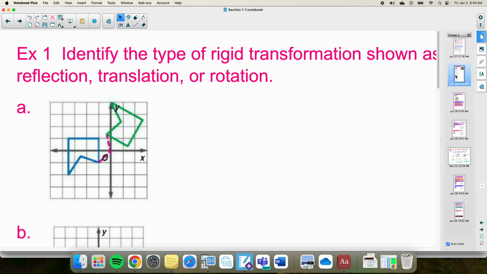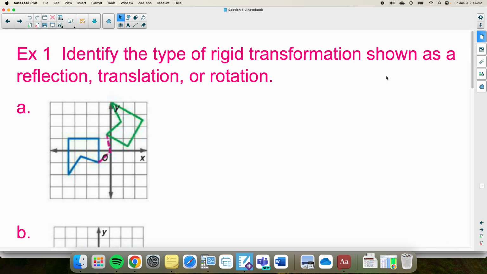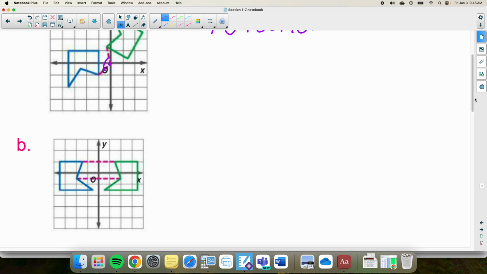So this part is just asking us, are these reflections, translations, or rotations? So what is this one right here? Rotation, very good. It was rotated about the origin, and then it was rotated this amount of degrees. You don't have to specify that, but notice it was turned.